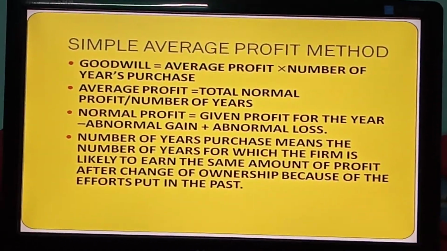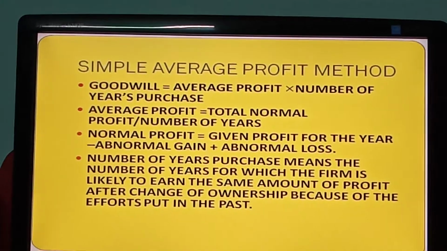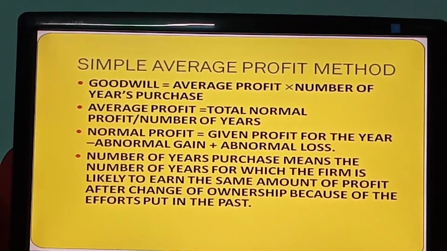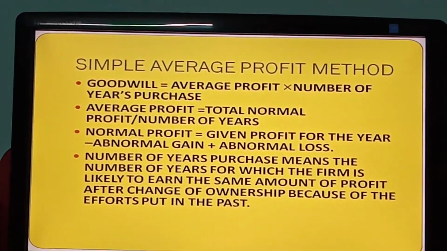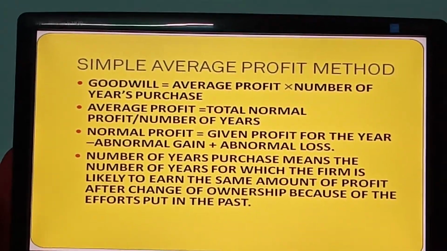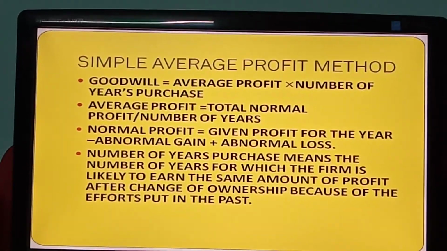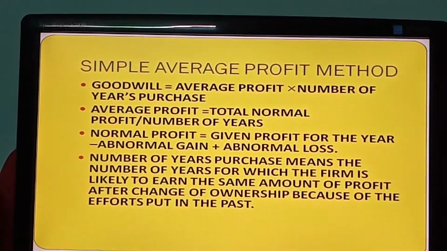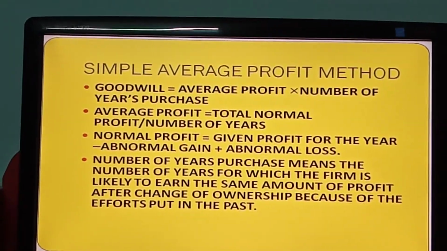Now, one by one we will be discussing what this average profit is and what this number of years' purchase is. As you have already studied regarding average, here the average profit we will be calculating by adding all the normal profits of the given years, and it has to be divided by the number of years.